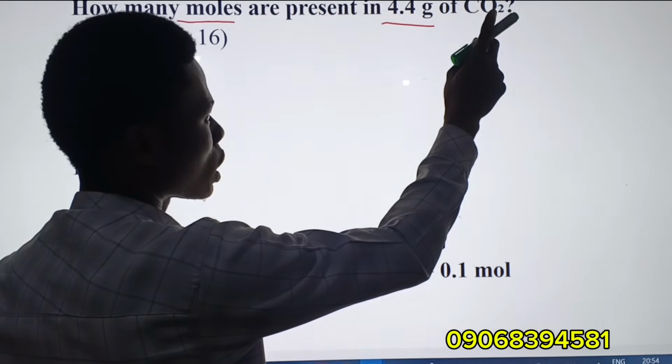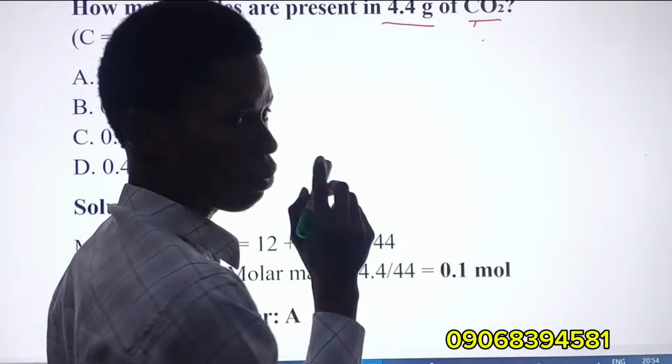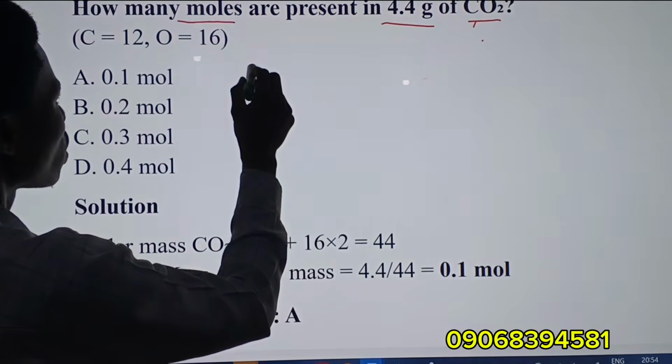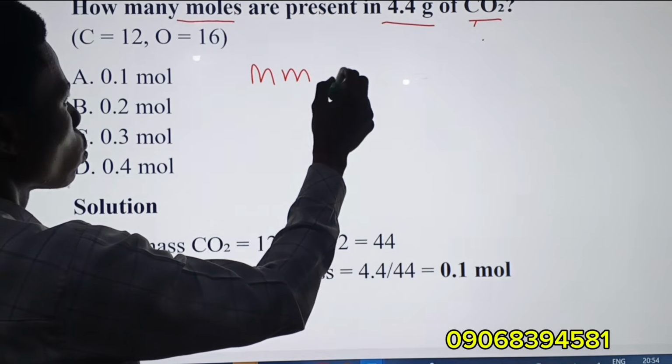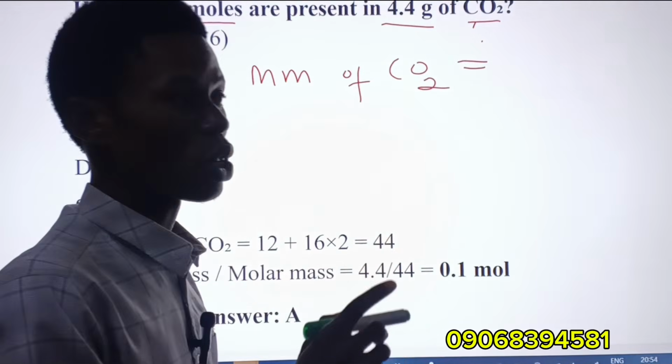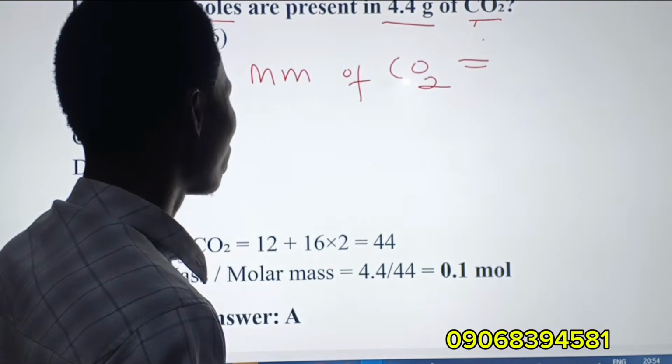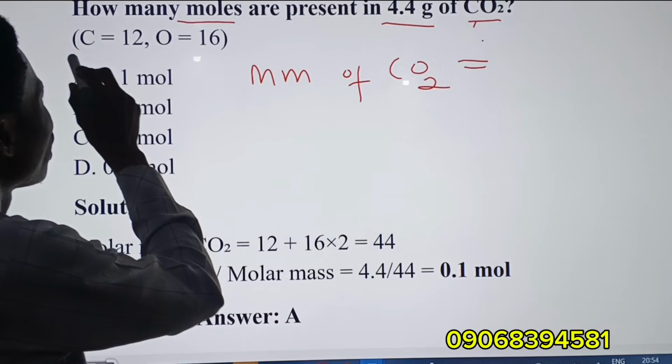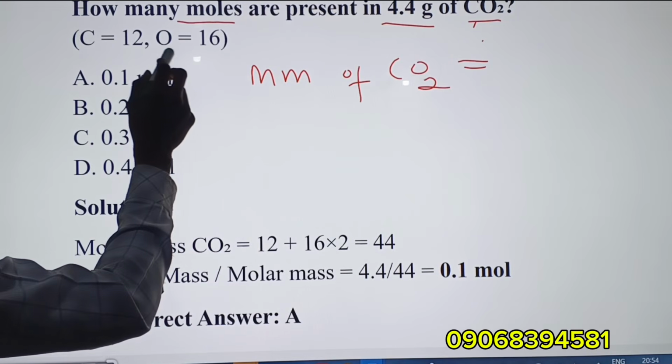Now, check what is required here. CO2 is what they're asking for. The first thing you have to do is find the molar mass of CO2. Anytime you see an equation like this, just find the molar mass of the compound you are given, and that is very simple. You are given in brackets C equal to 12, O equal to 16.